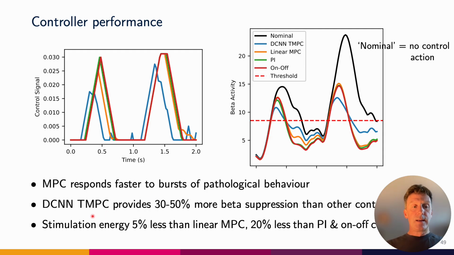So the DC-NN tube MPC provides significantly better beta suppression than all the other controllers. And at the same time, it requires less stimulation energy than linear MPC, as well as than the PI controller and the on-off controller. And this is basically a result of the more accurate model of the patient response that's built into the DC-NN model representation.